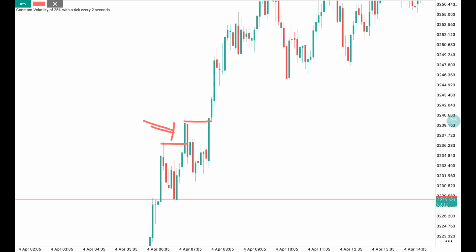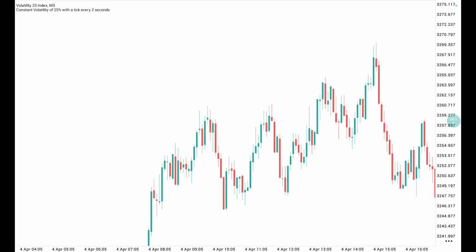If you see this one, this big candle took the high out. It is a valid break of structure. If you look at this one, valid break of structure. You can see that energetic candle, and all the way here, valid break of structure.